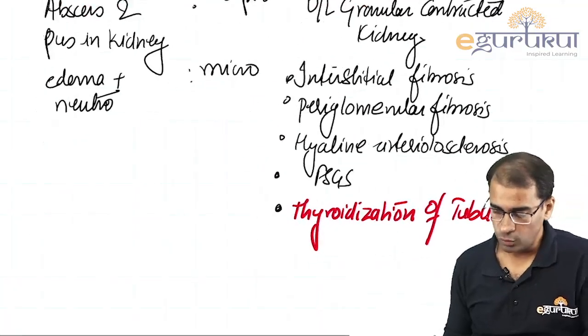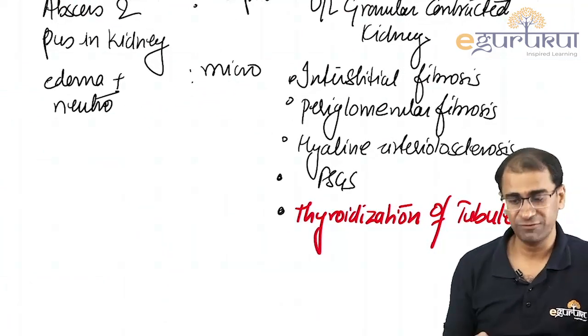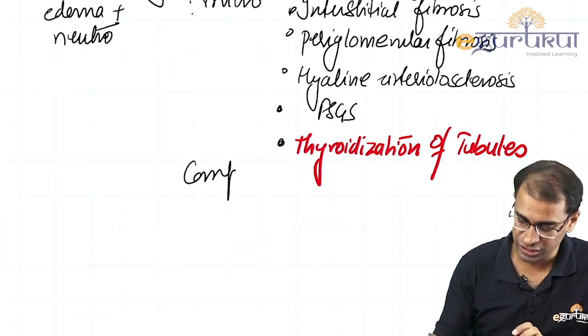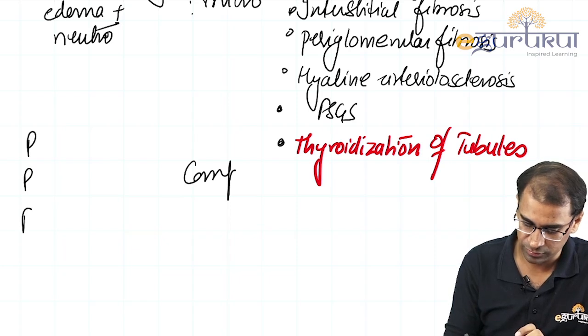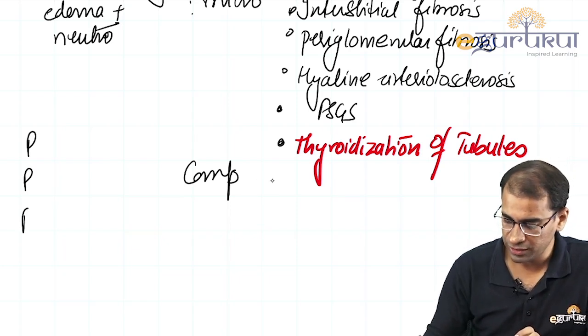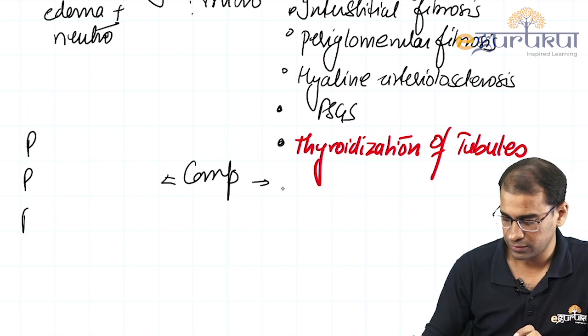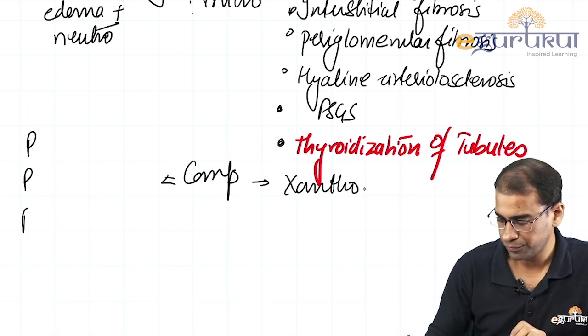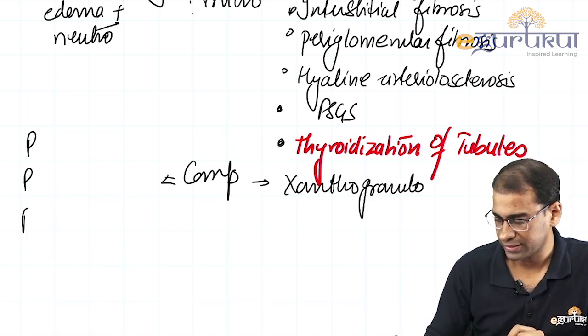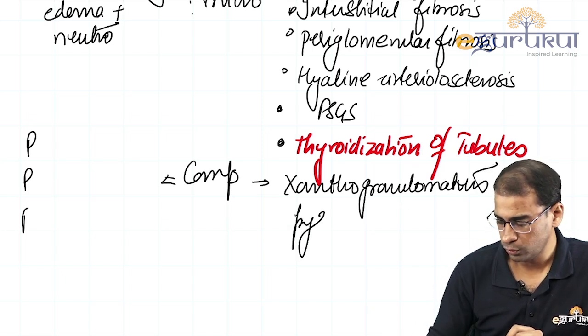Okay. Now the complications are again very important. I'll just name them. Complication of this acute is 3P, and complication of chronic is called as xanthogranulomatous pyelonephritis.